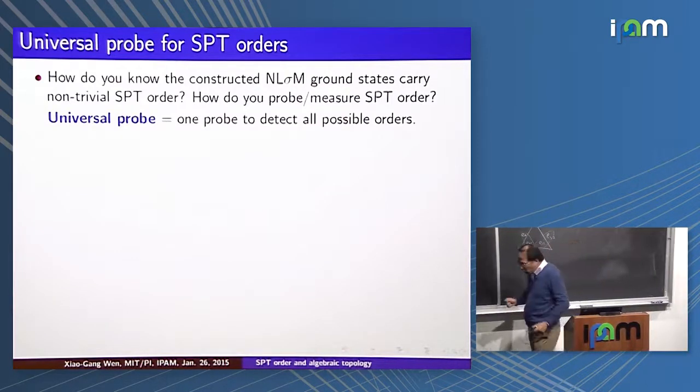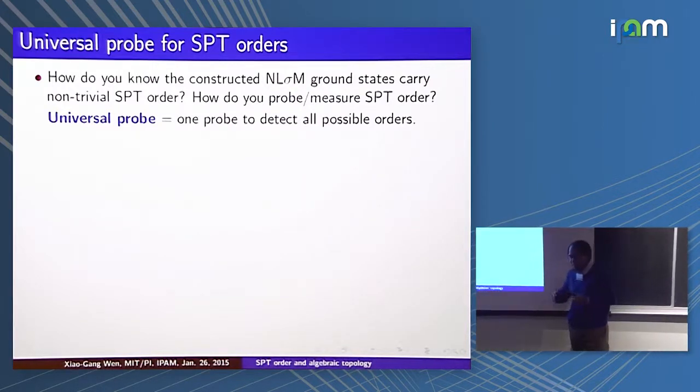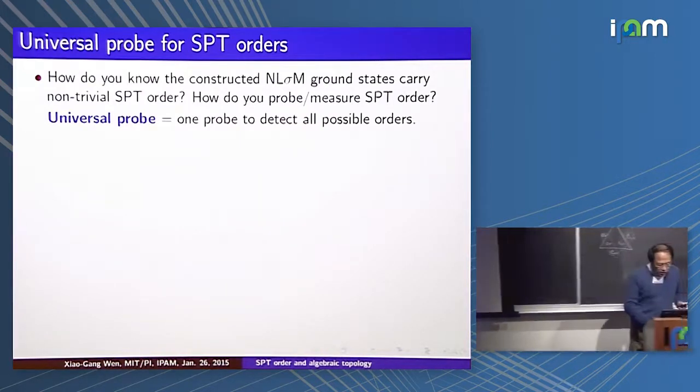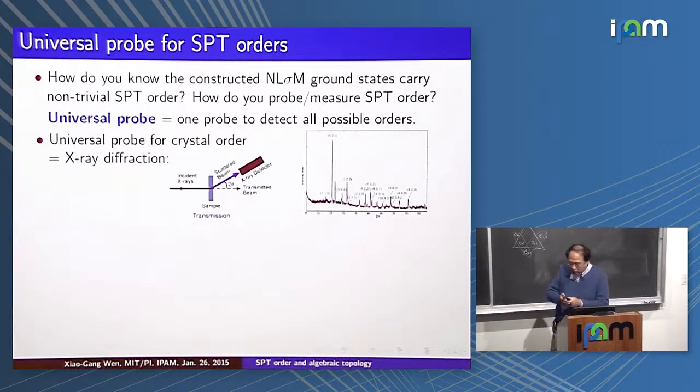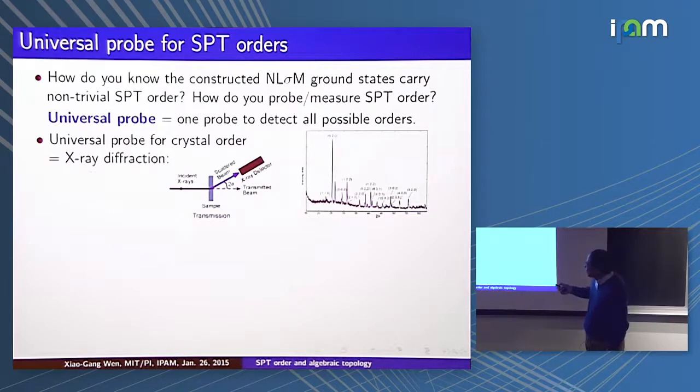Usually to show that systems belong to distinct phases, we find some topological invariant. If a topological invariant is different, it means they are in different phases. So the topological invariant is like a physical probe, like in a crystal, where we can use X-rays to probe different crystal structures.